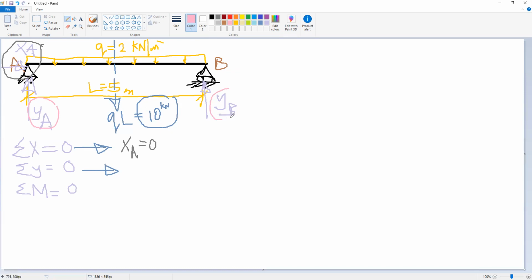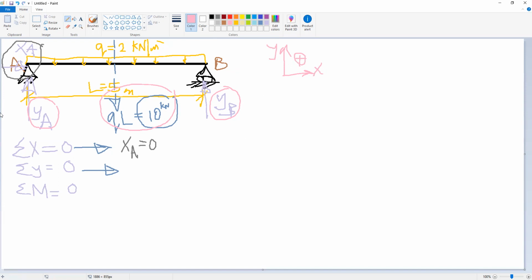YA, YB, and QL, 10 kilonewton. Also we know that the sign convention is up is positive. This is the positive direction, this for X and this for Y.